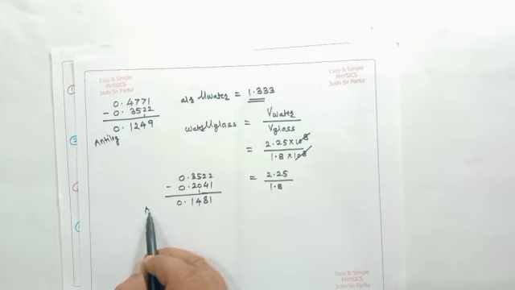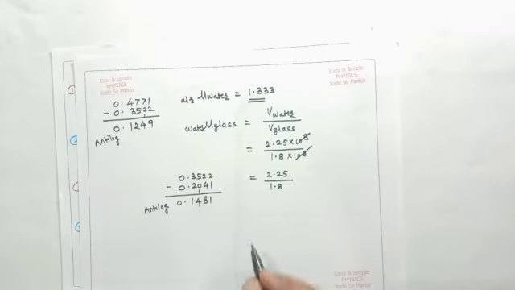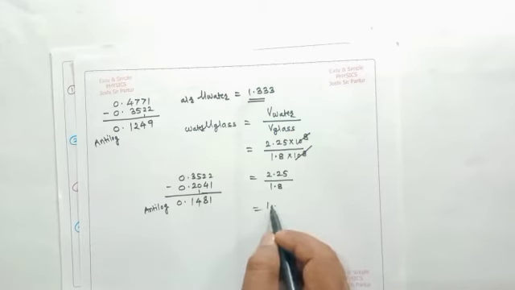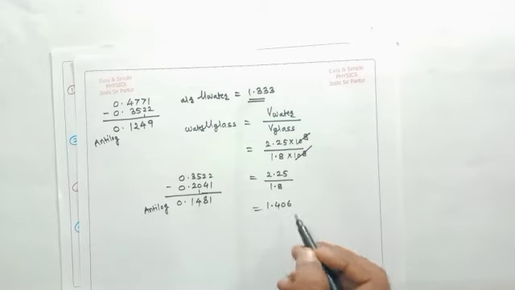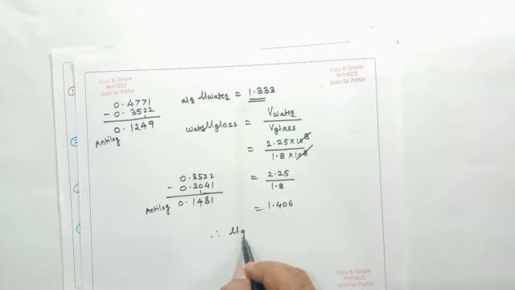And so the antilog of 0.14 in 8, it will be 1406, and in 1, 0 will be mean difference, so it is 1.406. Therefore the refractive index of glass with respect to water will be 1.406.